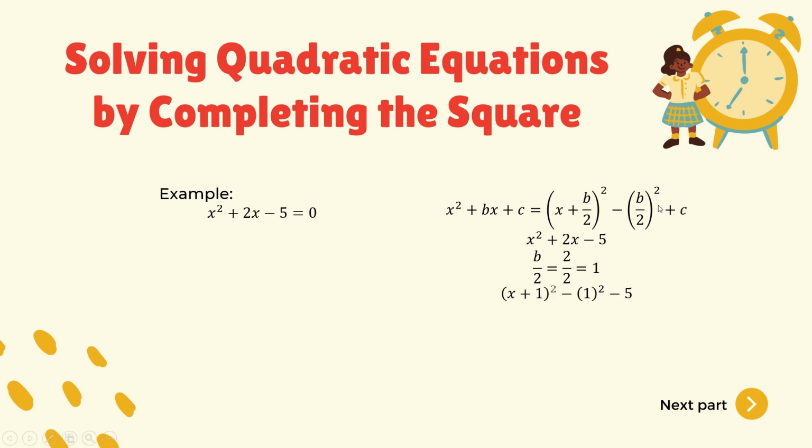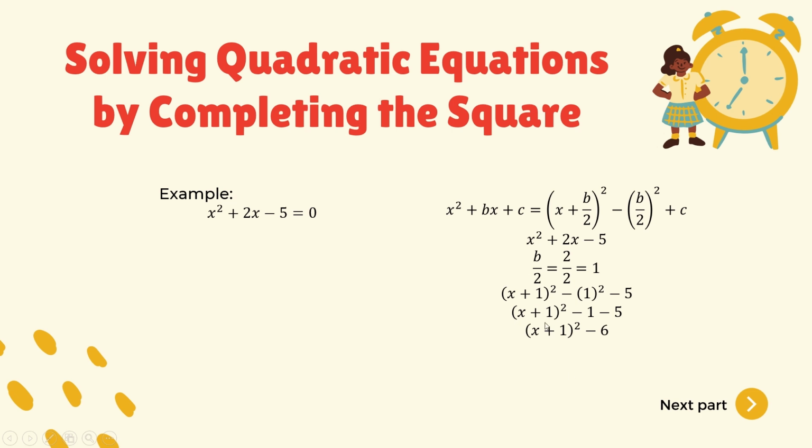So we've got x plus 1 squared minus 1 squared minus 5, because the constant from our equation before is minus 5. So negative 1 squared is negative 1, minus 5 is negative 6. So we've got x plus 1 squared minus 6.